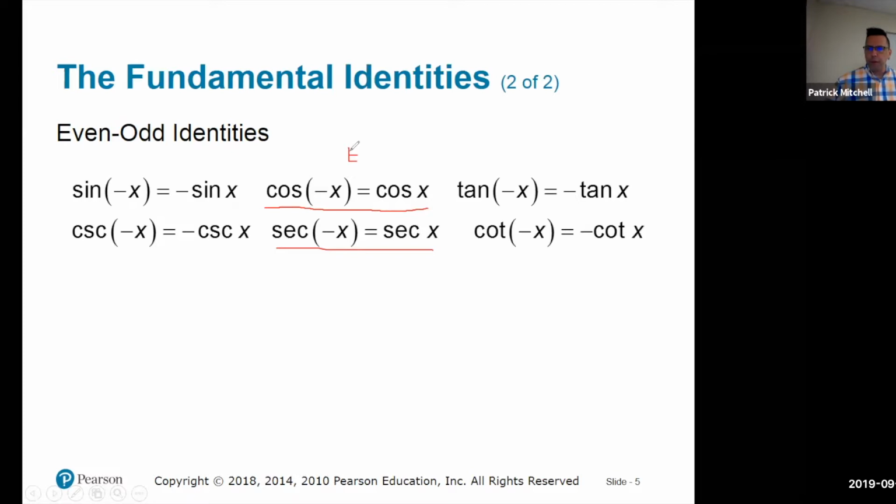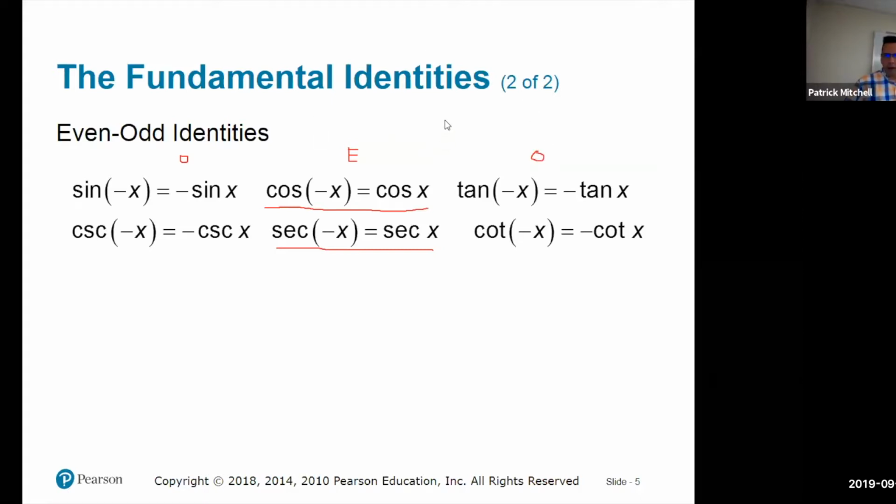The other four are all odd, which is kind of special because most functions in general are neither even nor odd. The trigonometric functions are all one or the other. Cosine and secant are even, and the other four are all odd. We might be using those once in a while.